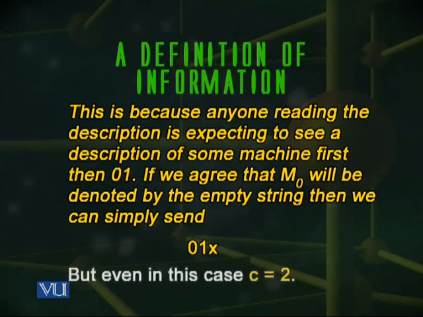But even in this case, as you see, the constant actually turns out to be 2. It's not 0. Why is that? Well, roughly, when we are sending the machine M0, we are trying to tell our friend on the other side that we have performed no encoding. There is no algorithm for you to follow.